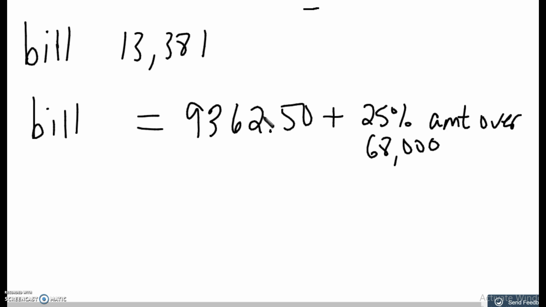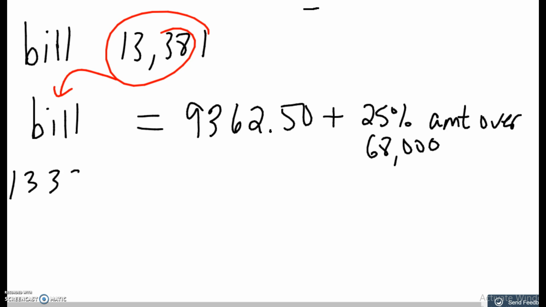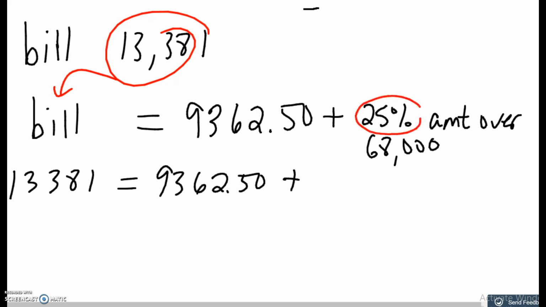All right. So we're going to use this information and kind of set up an equation. The bill that the person got was $13,381. We're going to substitute it into the place for where I have bill written. So $13,381 equals $9,362.50 plus 25% written as a decimal is 0.25.